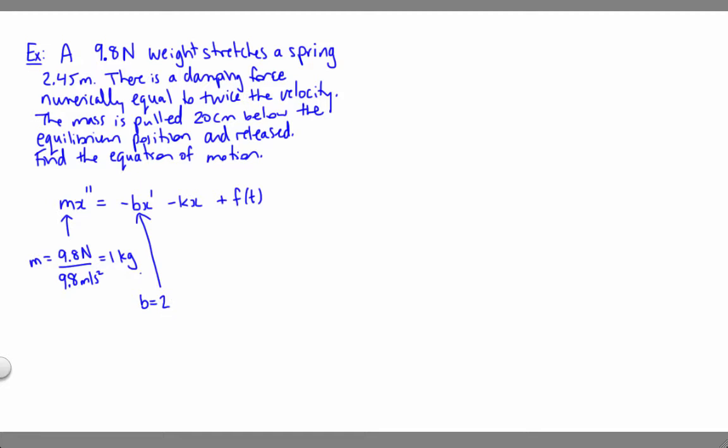But let's think about the units here. This damping is a force, so we should really say it's 2 newtons per meter per second, so that when b is multiplied with velocity, we get back to units of newtons. And remember that this term here is going to be negative because the damping force is going to be acting in the opposite direction of our velocity.